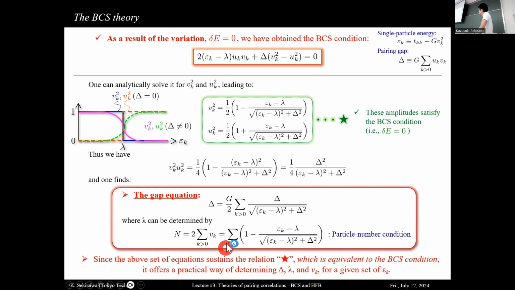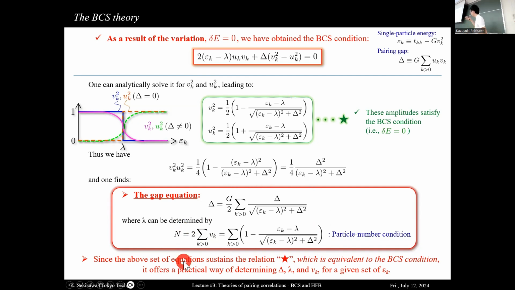You have already assumed that you have single particle energies epsilon k for some states. Then using this second condition, you can adjust the chemical potential to get the correct particle number for a given delta.